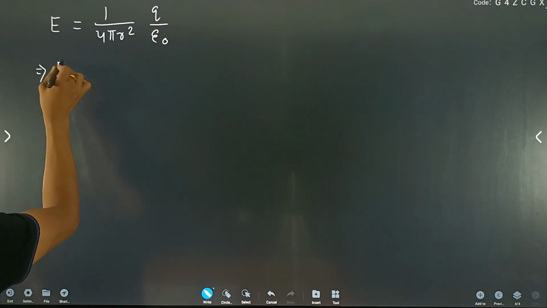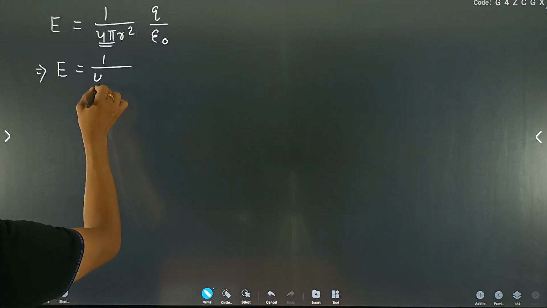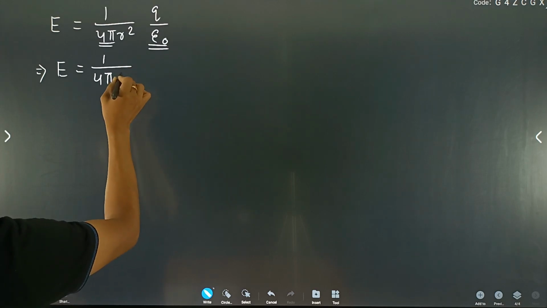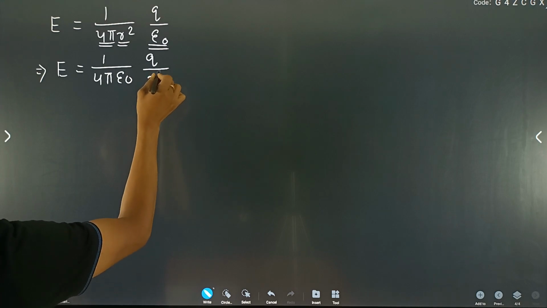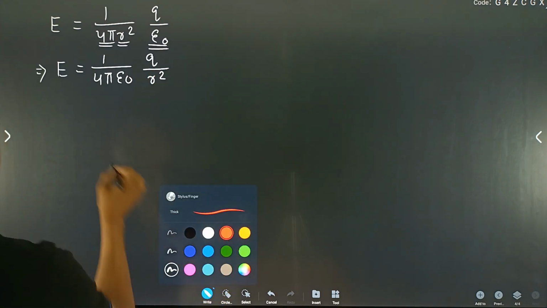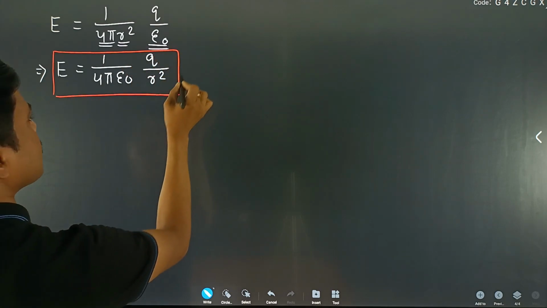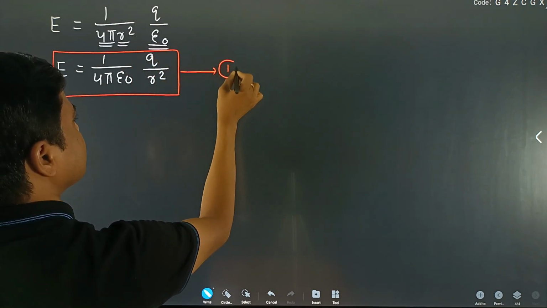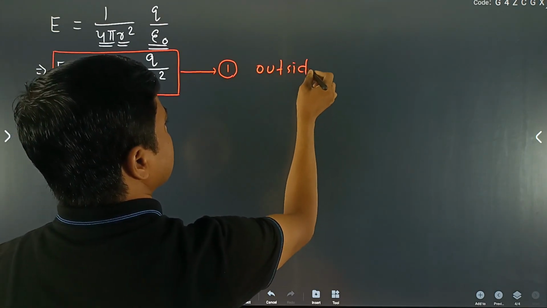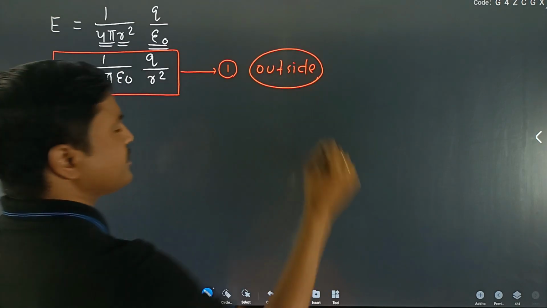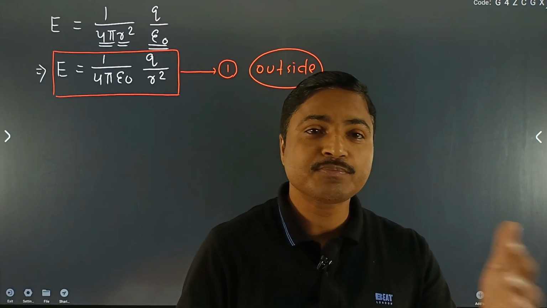That implies E is equal to 1 divided by 4 pi epsilon 0 multiplied by q divided by r square. This is the magnitude of the electric field outside the thin spherical shell, outside the positively charged thin spherical shell.